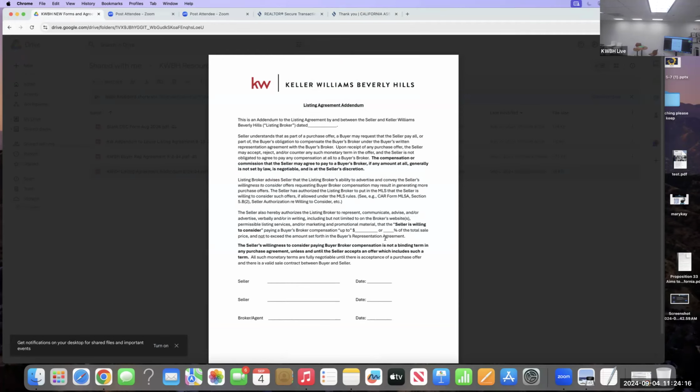Now, this is not saying that they're agreeing to it in advance. It's saying that they're willing to consider. Right? That's the issue that is protecting us from getting sued.